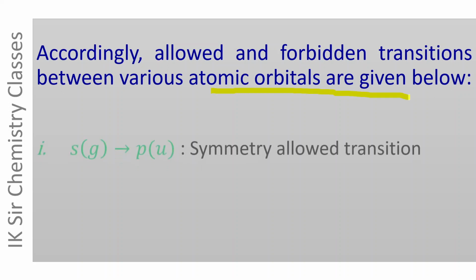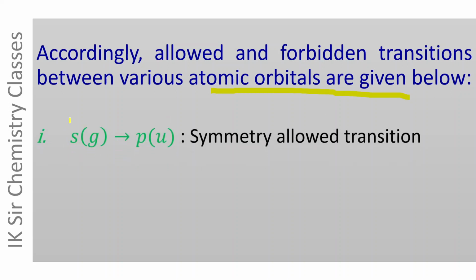Accordingly, the allowed and forbidden electronic transitions between various atomic orbitals are given below. If transition takes place from s orbital to p orbital, the parity is inverted, gerade orbital to ungerade orbital, it will be symmetry allowed.